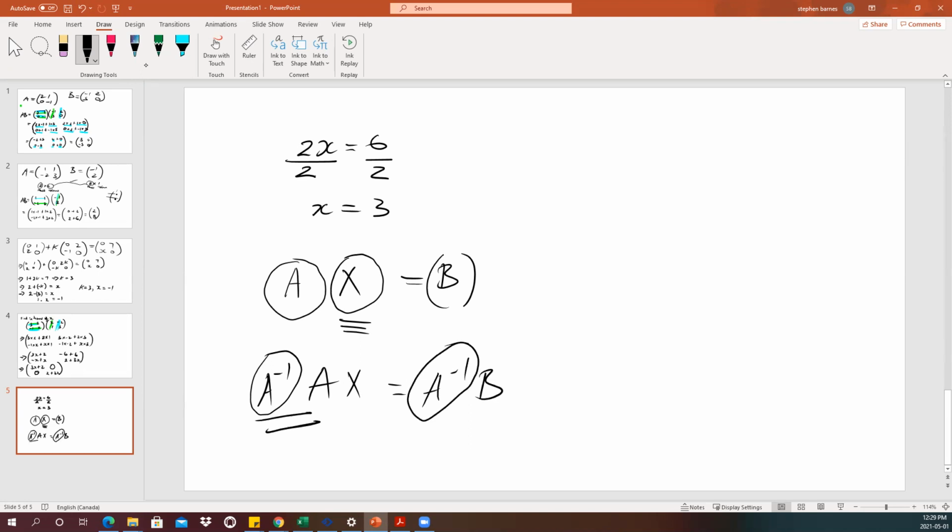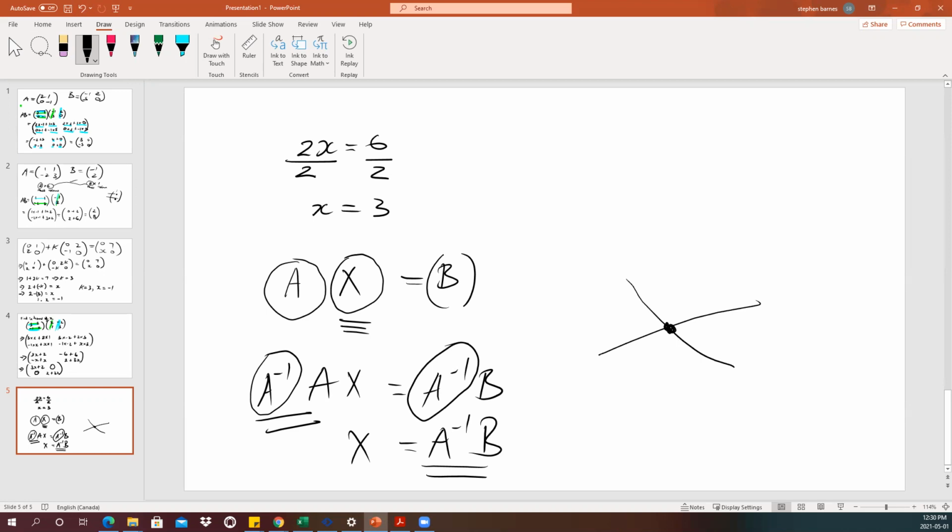What happens is that the A inverse and the A are gone, and you just get X equals A inverse B. You multiply these two matrices, and you get the result. That result would be the unknowns. So you're solving for the unknowns x and y, where they intersect. Because remember, in a simultaneous equation, you have a line that goes so, and another line that goes so, and you try to find where they intersect.